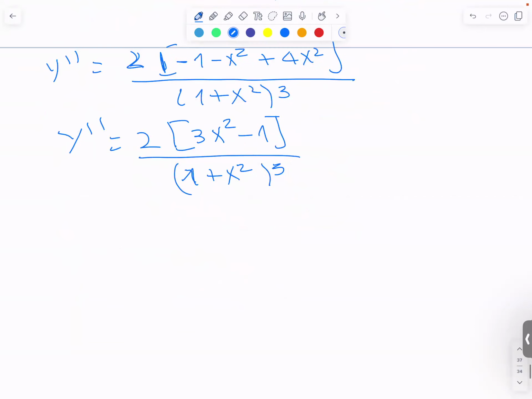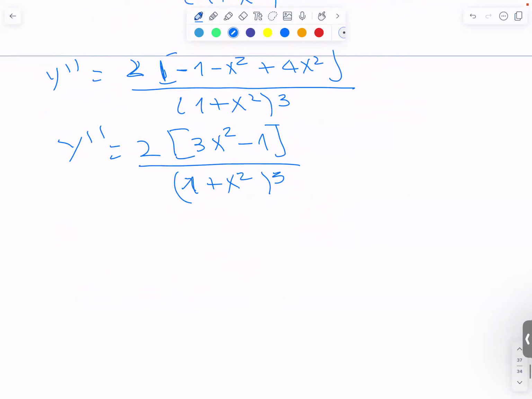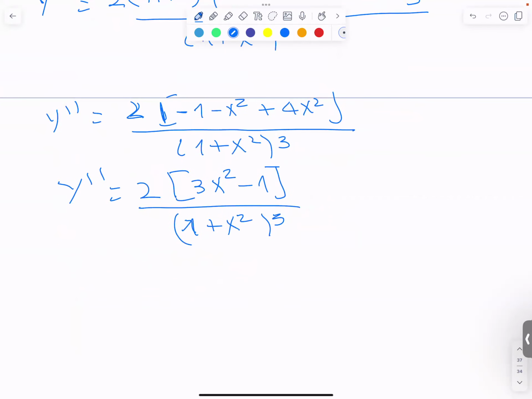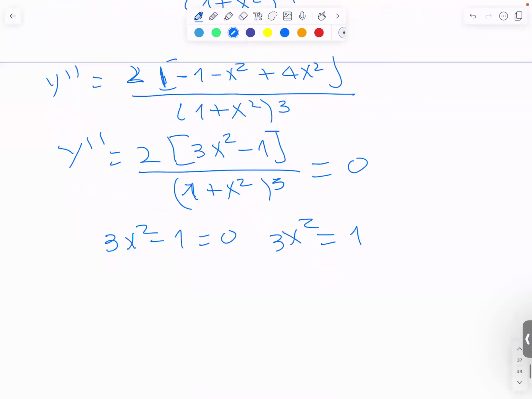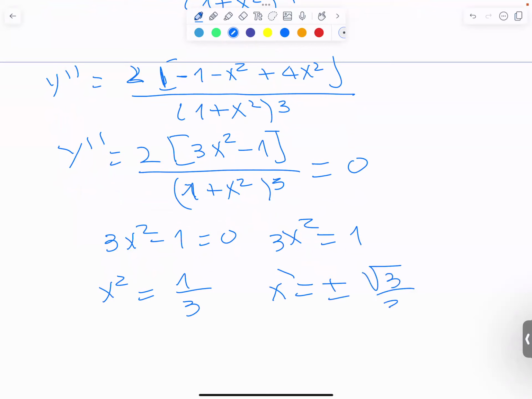Now let's see when this is equal to 0. It is equal to 0 when the numerator is 0, when 3x squared minus 1 equals 0, when x squared equals 1 over 3, when x equals plus or minus the square root of 3 over 3. These are the inflection points, at x equals plus or minus square root of 3 over 3.